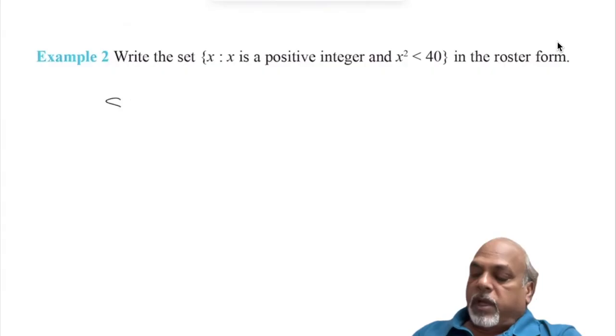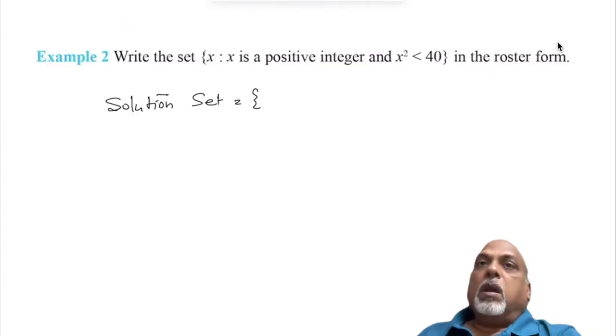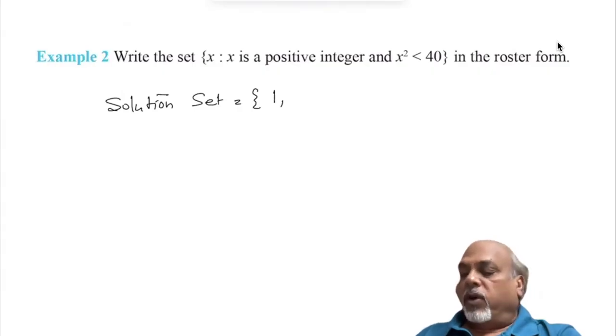We can write the solution set as 1, because the square of 1 is less than 40, 2, because the square of 2 is less than 40, then 3, then 4, then 5, then 6 also.